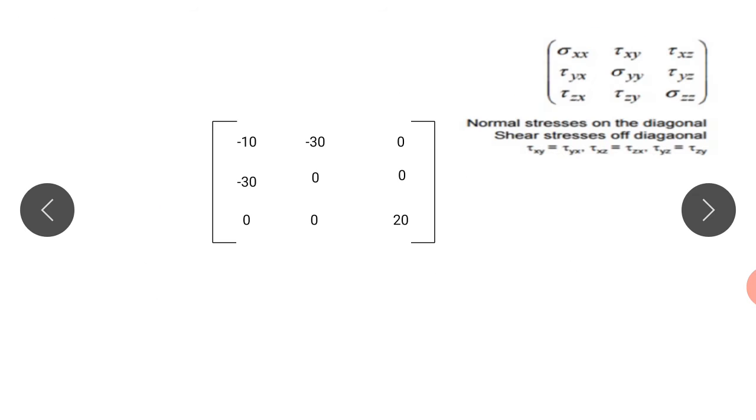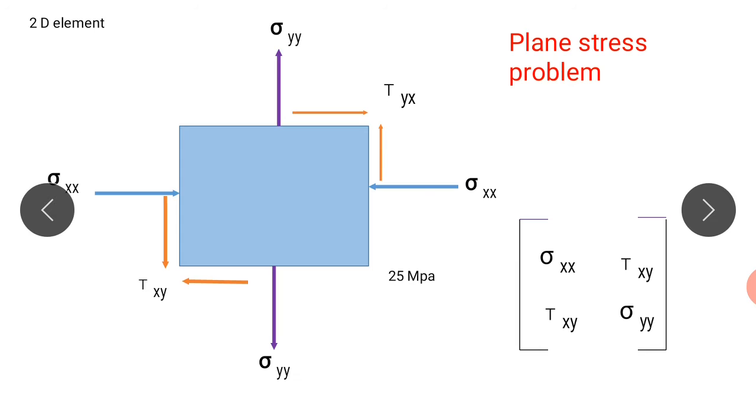That's why in this matrix you go on substituting 0 where there is a term related with z. So sigma z, tau yz, tau xz, every term which is related with the z axis should be equal to 0. So ultimately you find this type of array. Okay, it is known as a plane stress problem.